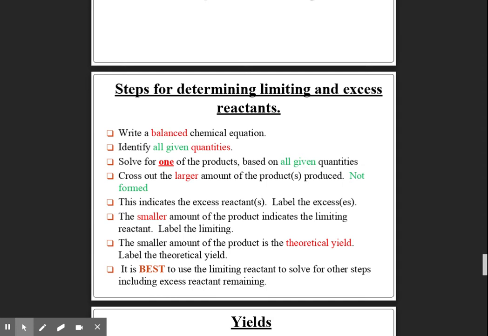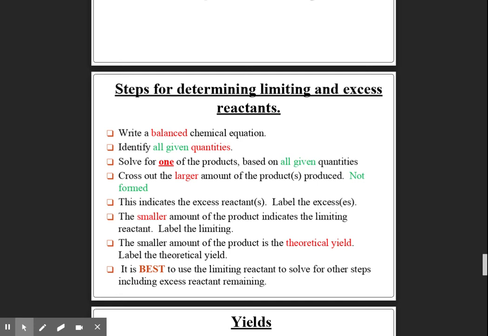Hopefully, in this situation, it gives you the mass of both reactants. So if the reactants are A and B, we'll have the mass of A and the mass of B. Then we'll pick one of the products. It doesn't matter which. If there are multiple products, you should choose one. So solve for one of the products based on all the quantities.